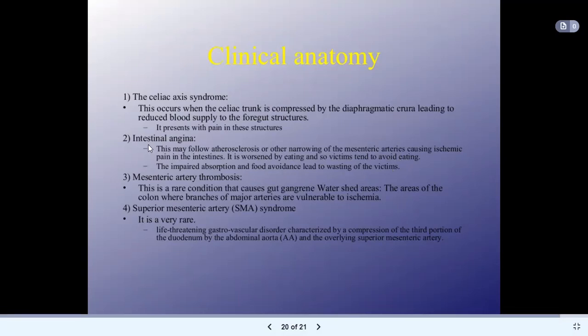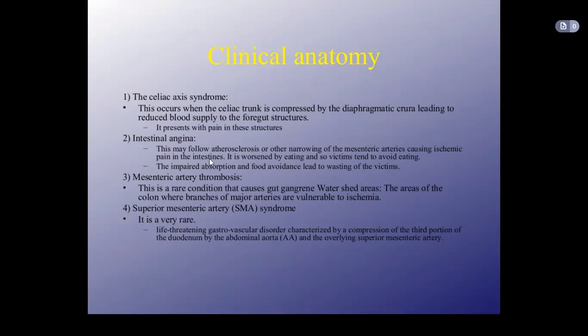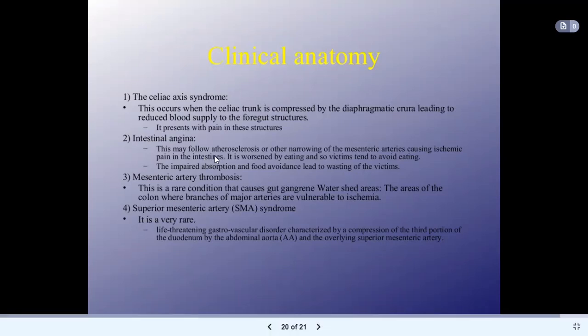In a patient with intestinal angina, there is impaired absorption of food. Why? Because food absorption takes place in the small intestine, right? But for that small intestine to perform its function, it needs blood supply. And that blood is bringing energy and oxygen to that intestine.